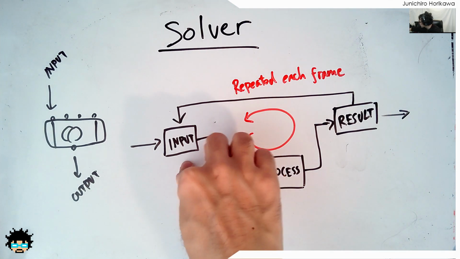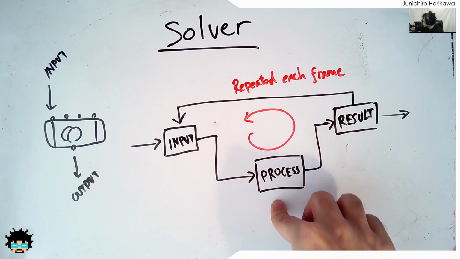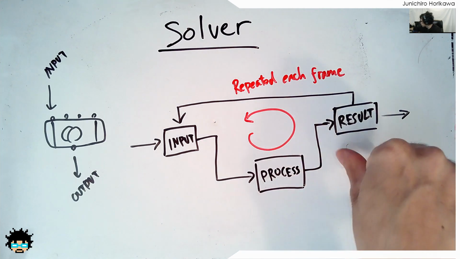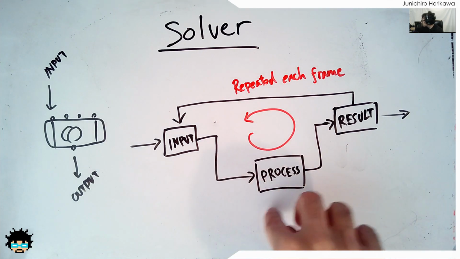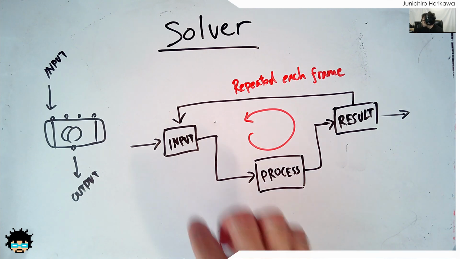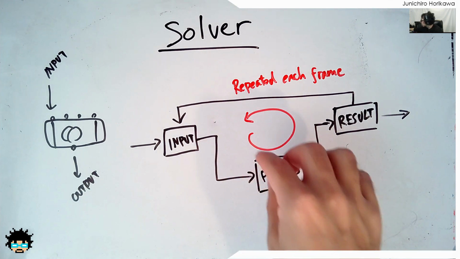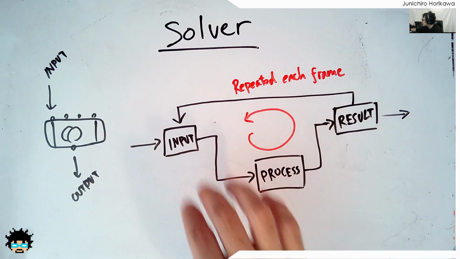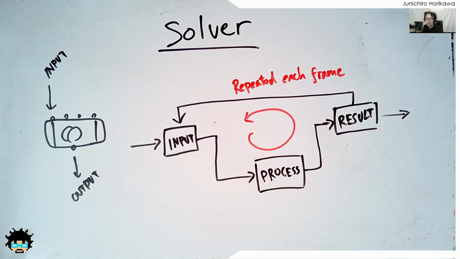First of all, you have an input, then you process this input, then you get the result out of this process. Now it's pretty similar to the normal network, but the difference is that you can loop, redo the process again and again based on the frame.